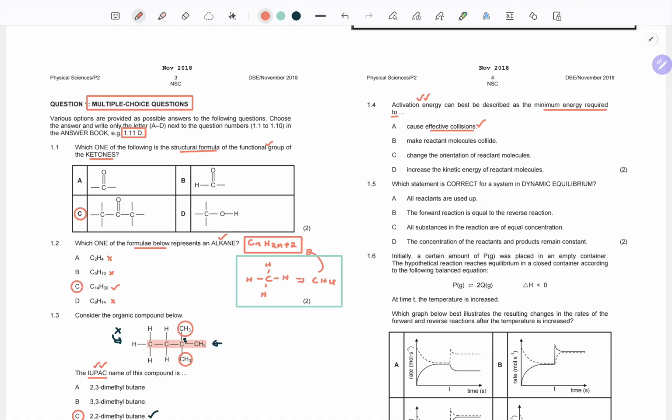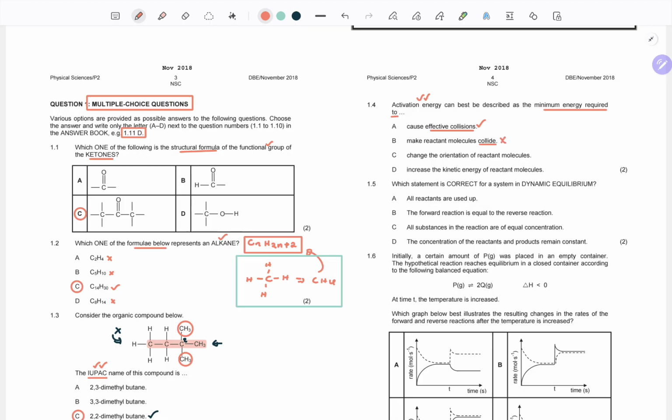This is when we really reach activation energy, right? Make reactant molecules collide. Well, collisions, yes, but it's not made by the activation energy. They can collide, but ineffectively, because if the collisions have energy that is not sufficient to reach that of the activation energy, those collisions will essentially be not effective.